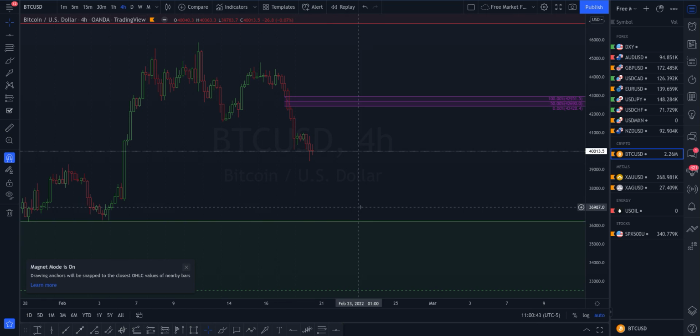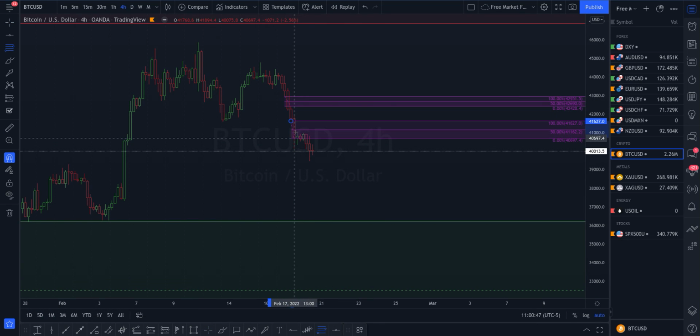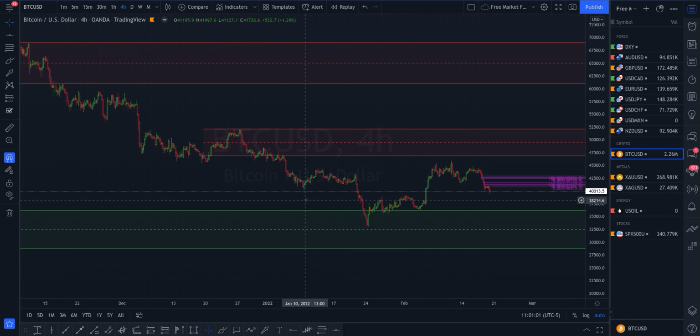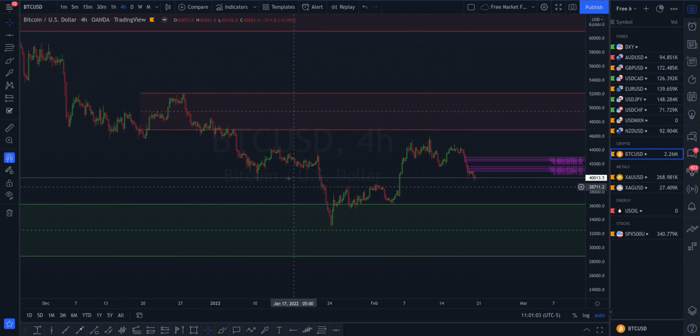Imbalance. Imbalance, that's been mitigated. The zone's been mitigated. This one has not been mitigated.